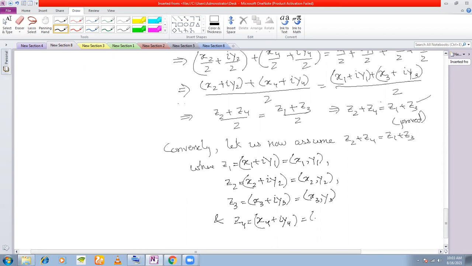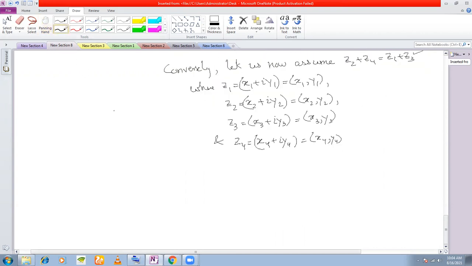Now we don't know whether these are the vertices of a parallelogram, right? But what we do know is that Z1, Z2, Z3, and Z4 are so related that Z2 plus Z4 is equal to Z1 plus Z3.